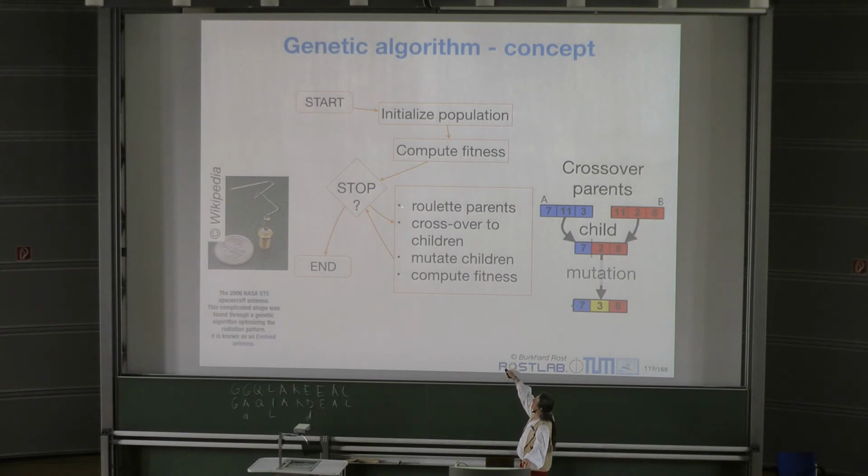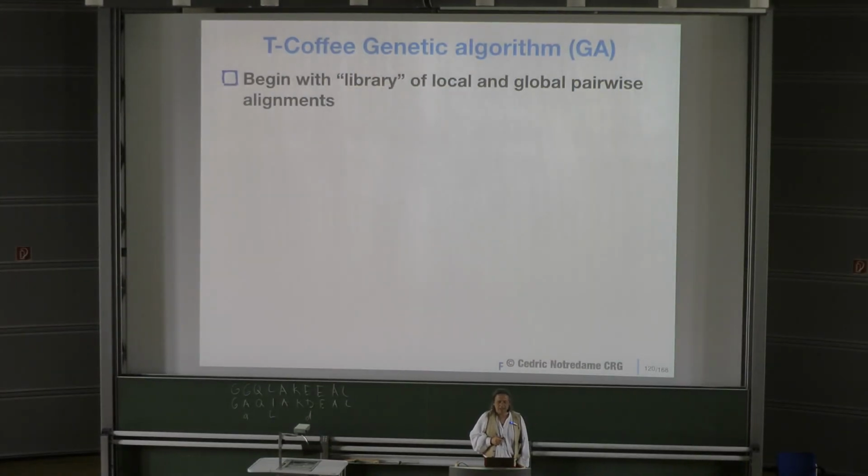So the logic is not quite right here. So you compute the fitness once you have done one or all three of these steps. And then you get back into the stop criterion. You may go to end, or you may repeat. Principle, idea is clear, right? Everybody clear about that? In principle, crossover, simple.